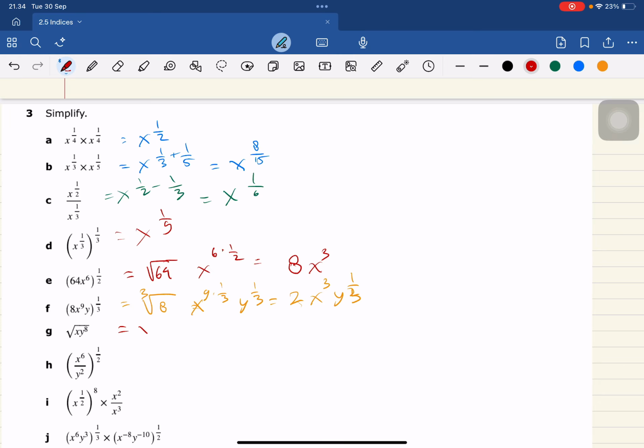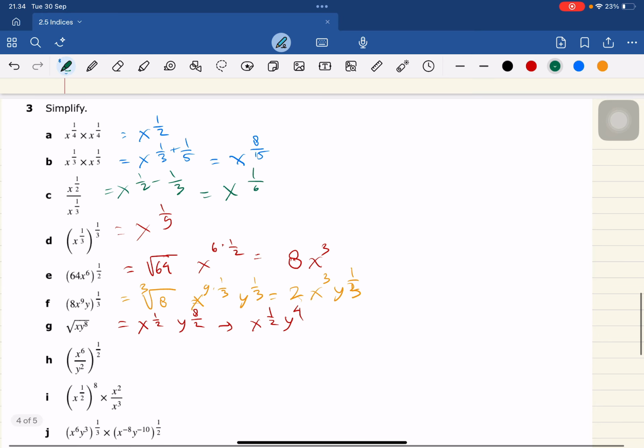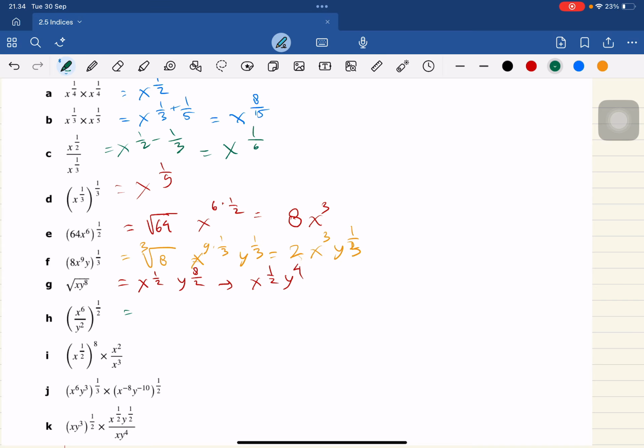So this x is going to be power of 1 over 2 and then y power of 8 over 2, or we can rewrite as x 1 over 2 and y power of 4. Okay, raise. So x 6 times 1 over 2, which is 3, and then y 2 power of 1 over 2, which is going to be y.